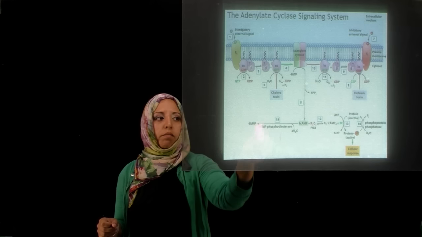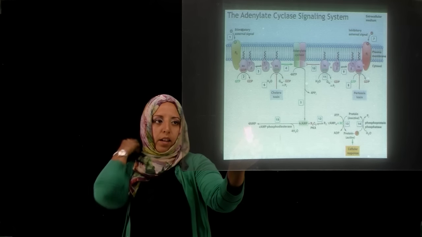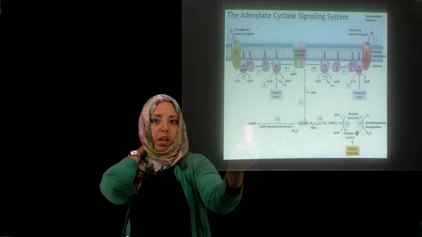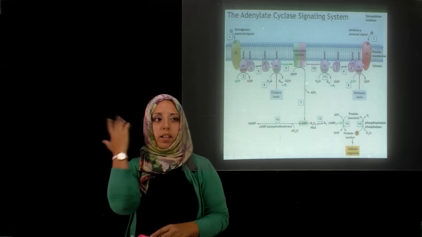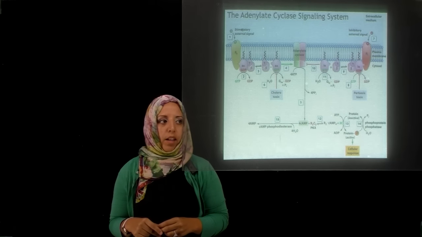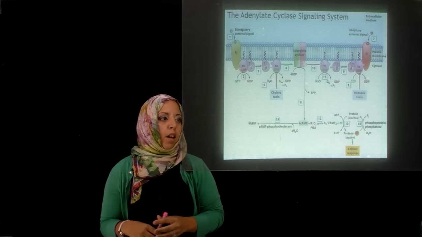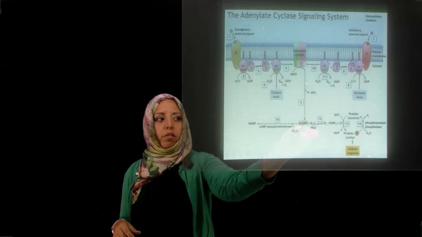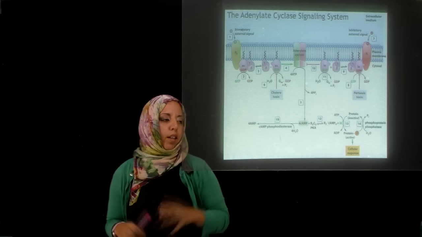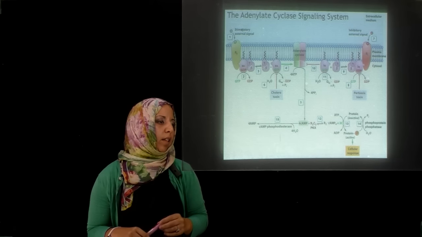Cyclic AMP can be hydrolyzed into AMP through an enzyme known as cyclic AMP phosphodiesterase, which will in turn limit the signal, since it can't bind to protein kinase A, so it can limit that signaling cascade.